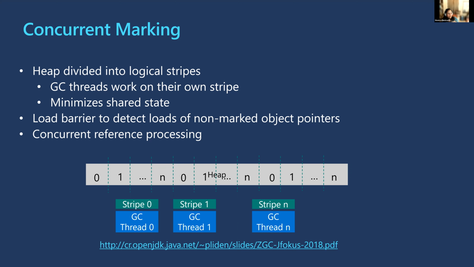So one of the important improvements that ZGC brought about is adding concurrent reference processing during concurrent marking. And then it also introduced thread local handshakes, which is now used in G1's case as well. I'll talk about thread local handshakes very briefly after this slide.